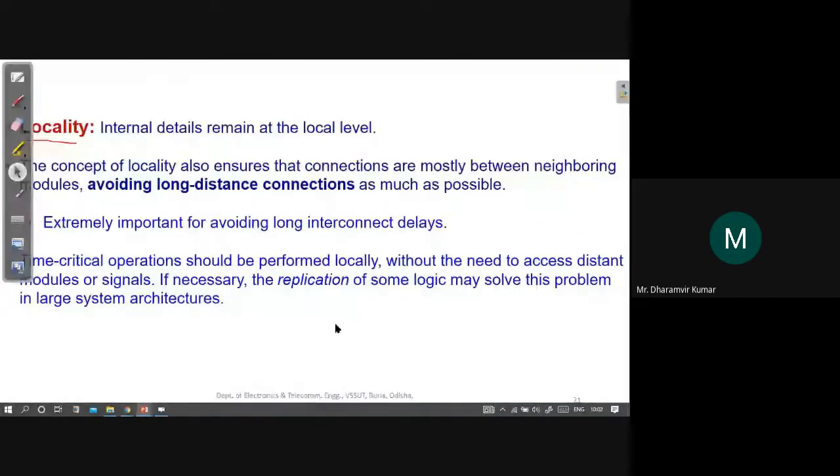Anyhow, I will continue. This principle of locality states that the internal details remain at the local level.